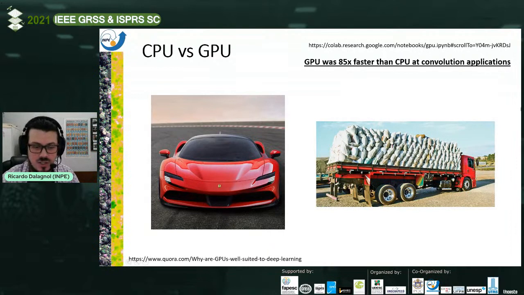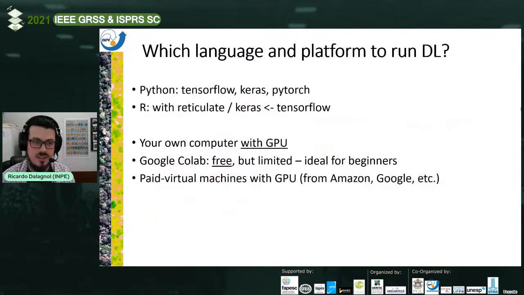So this shows the importance of having GPUs to do deep learning. They are more or less a constraint to use deep learning nowadays, because using only the CPU is very slow.